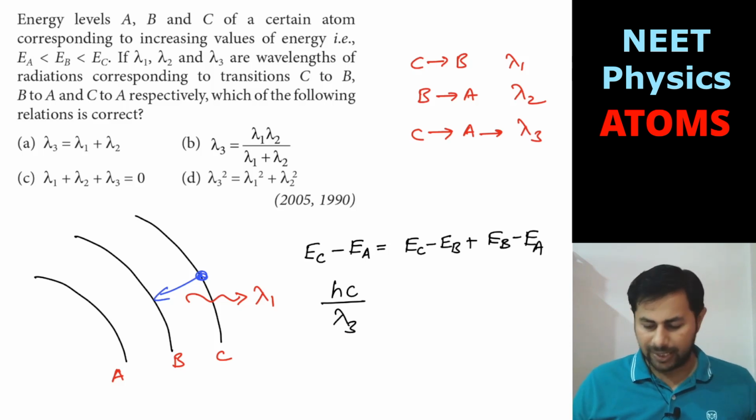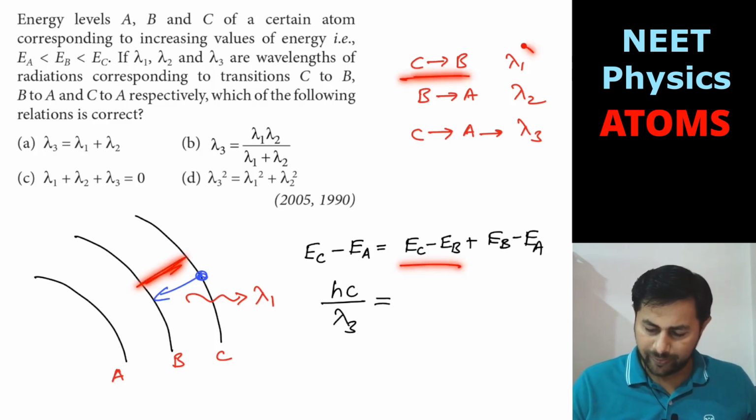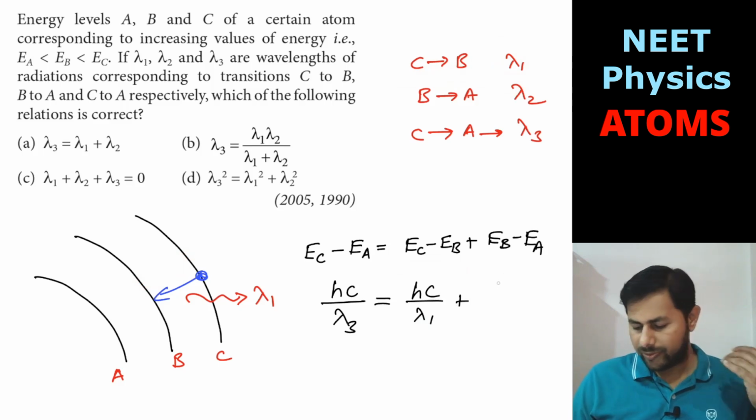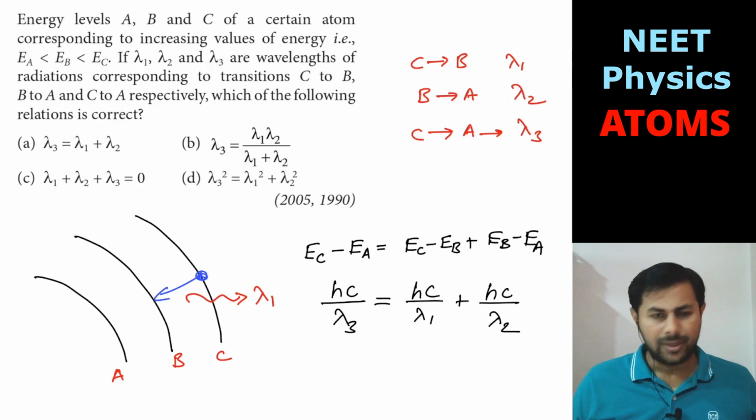And when it jumps from C to B, it emits a photon of wavelength lambda 1, so hc by lambda 1, plus when it goes from B to A, it emits a photon of energy hc by lambda 2, right?